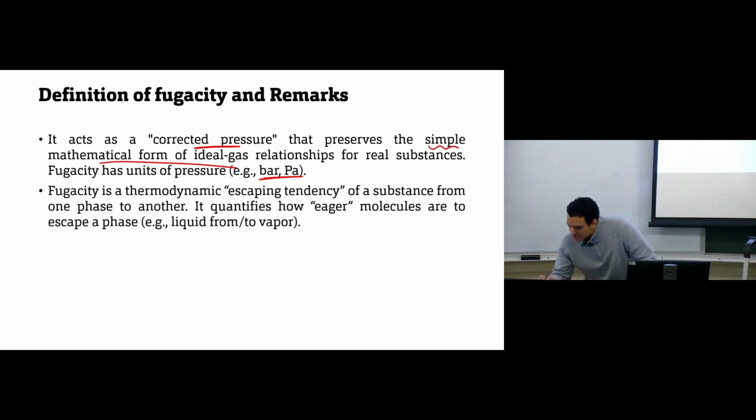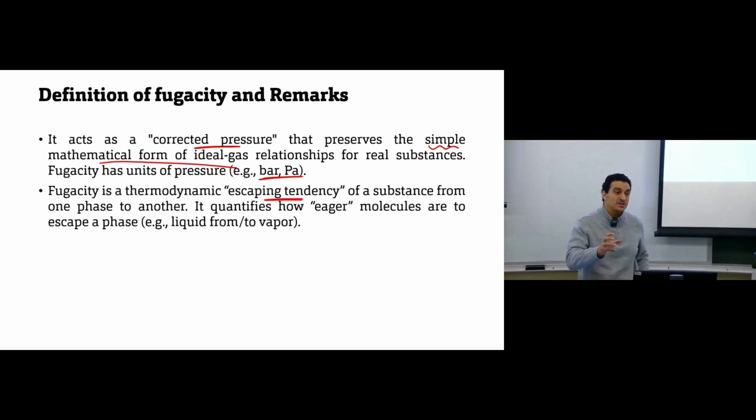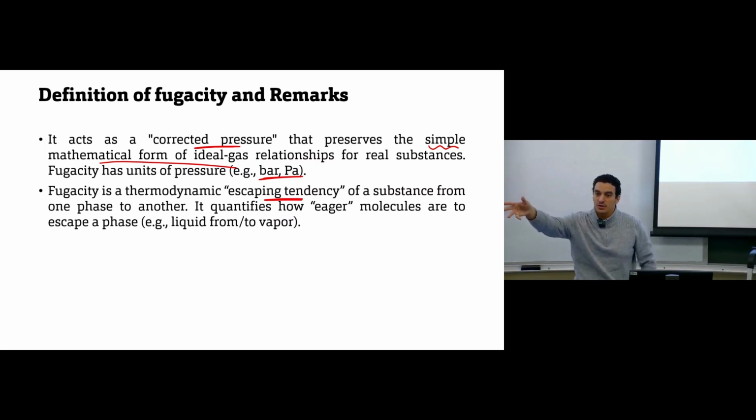Fugacity describes the escaping tendency of your substance, meaning how much energy or driving force your substance has to escape from one phase to another. This is why it's used as a criterion for describing phase equilibrium.